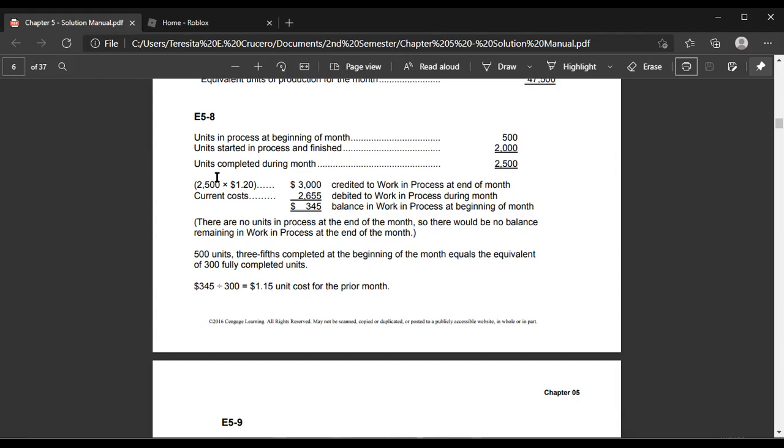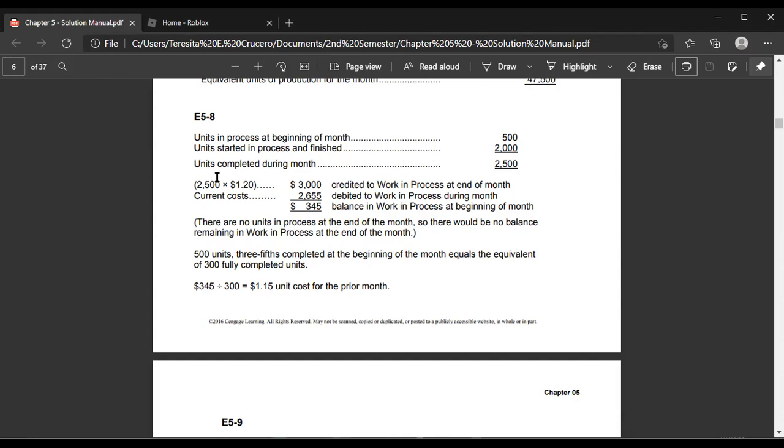Now, 2,500 units completed during the month, and the unit cost of production for the month is 1.20.